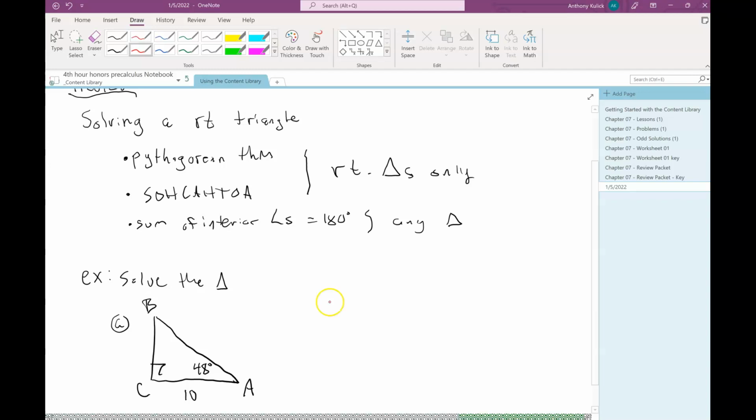So here, if I want to solve this right triangle, I need to figure out angle B, side BC, and then side AB.